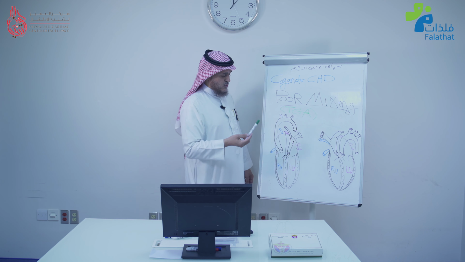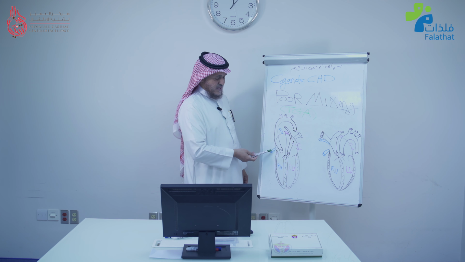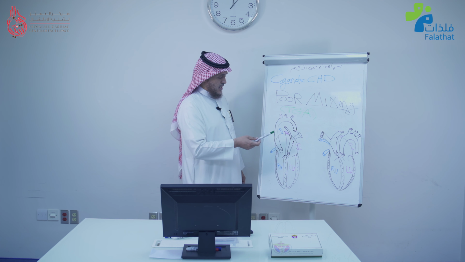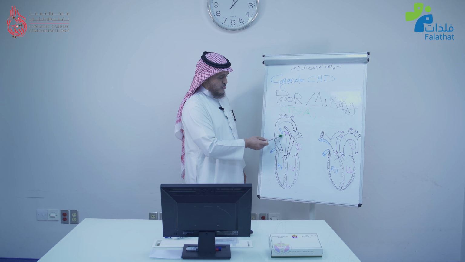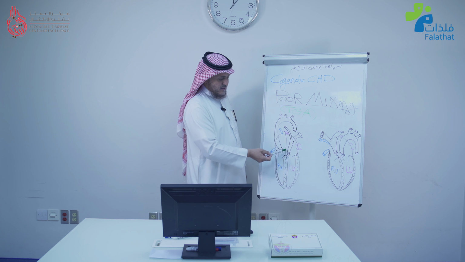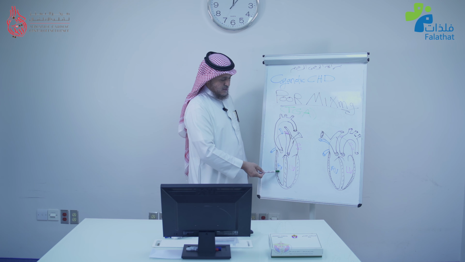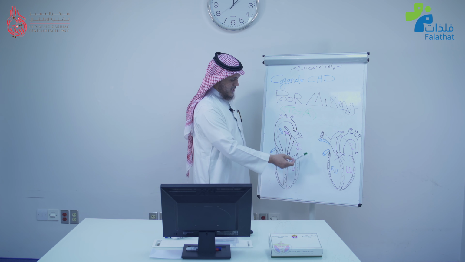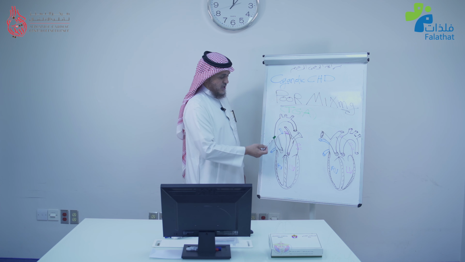So let's see how the blood is going. The inferior vena cava blood, and the superior vena cava blood, go to the right atrium, to the right ventricle, and up to the aorta, going to the body, coming back to the right side, and so on.